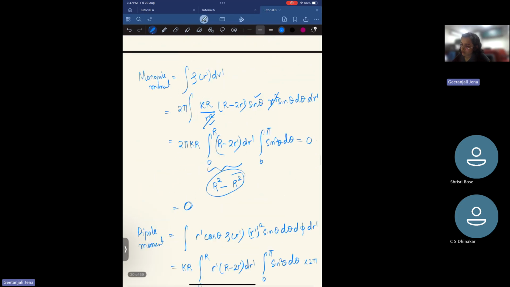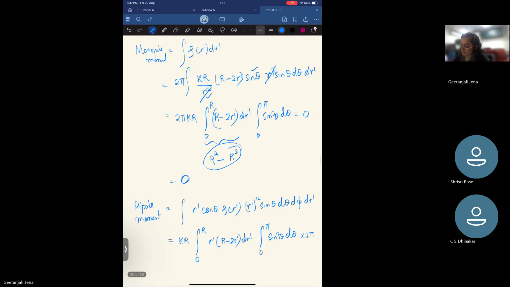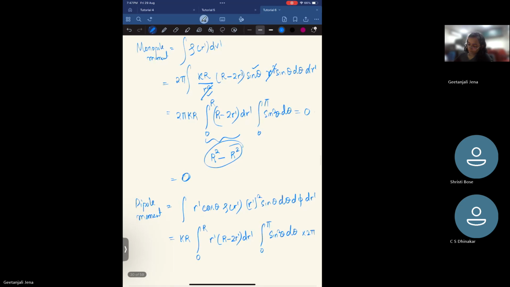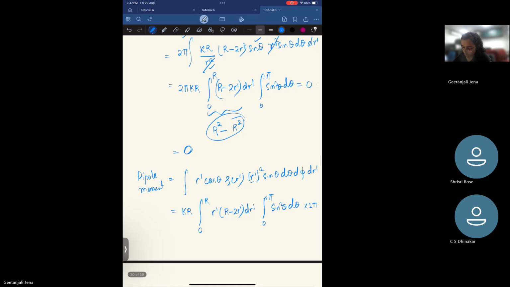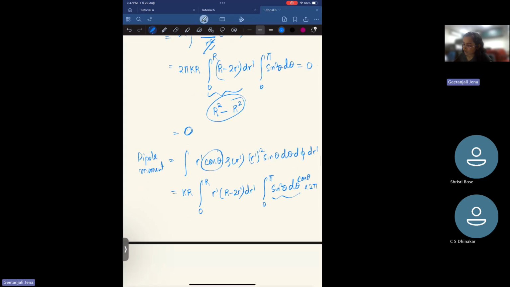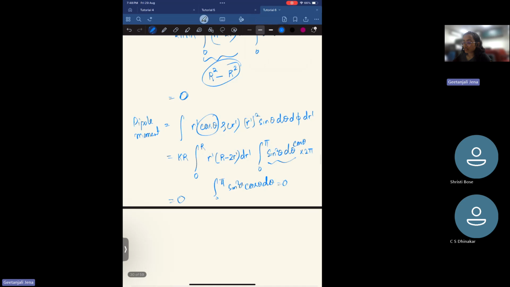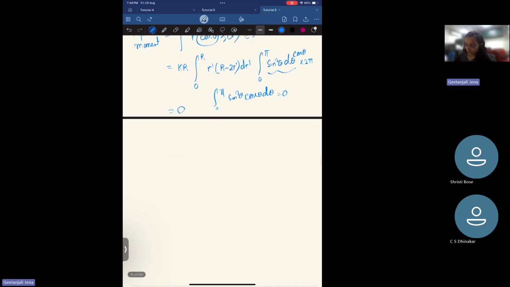I think cos theta will be there, right? This one, cos theta. The integration of sin square theta cos theta d theta within the limit 0 to pi is 0. So the quadrupole moment, sorry, the dipole moment is also 0 here. That means the next dominant term will be the quadrupole one.